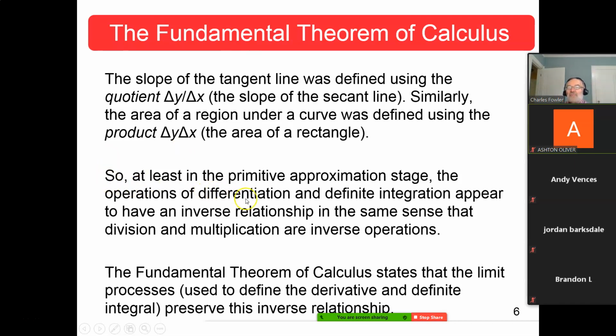So at least in the primitive approximation stage, the operations of differentiation and definite integration appear to have some type of inverse relationship in the same sense that division and multiplication are inverse operations of each other. The fundamental theorem of calculus states that the limit processes, which we use to define the derivative or the definite integral, preserve that inverse relationship.